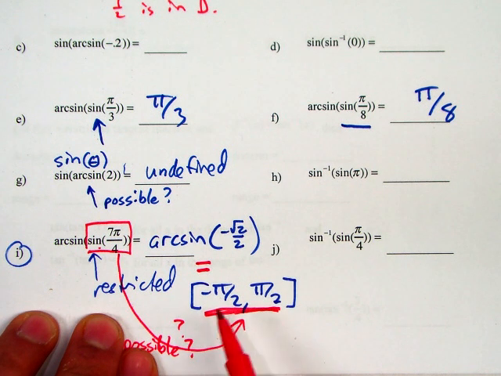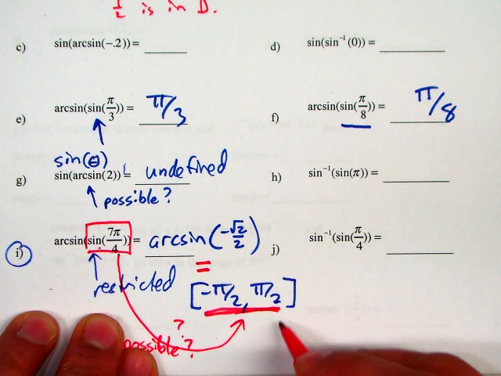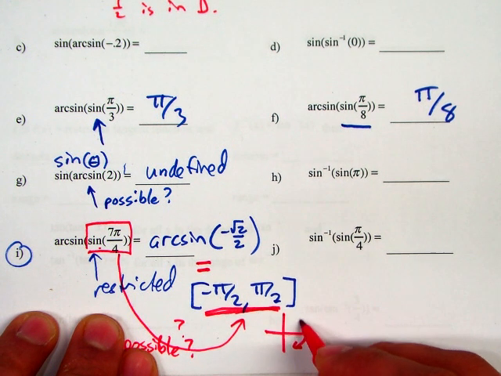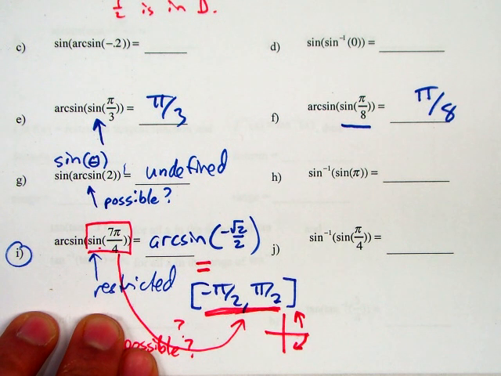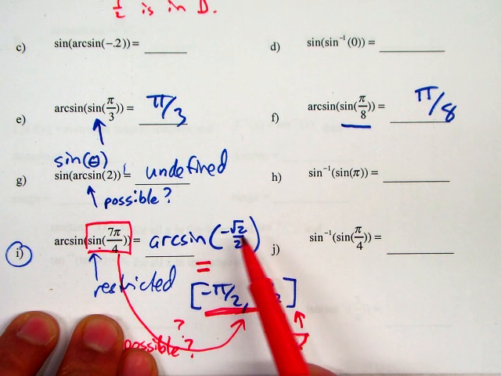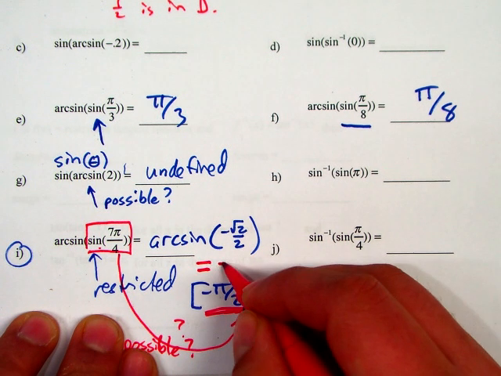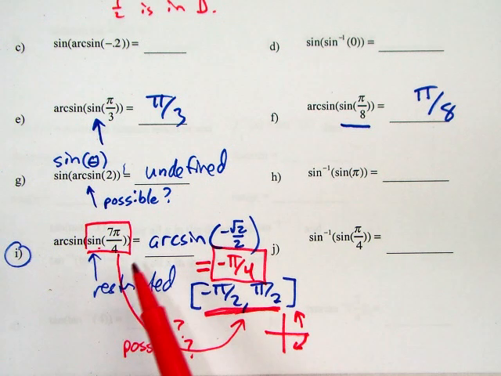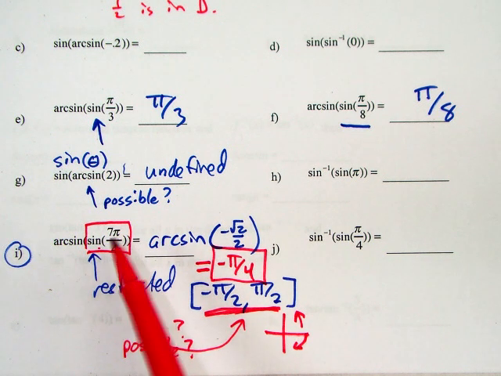We can only pick between negative pi over 2 and pi over 2, so we can only go this way or this way and stay in quadrants 1 and 4. Okay? And we know that the sine is negative down here, and the fastest way to get to a y-coordinate of negative root 2 over 2 will be to go backwards pi over 4. Okay, so this is one of the ones that's a little bit more challenging, but it is possible.